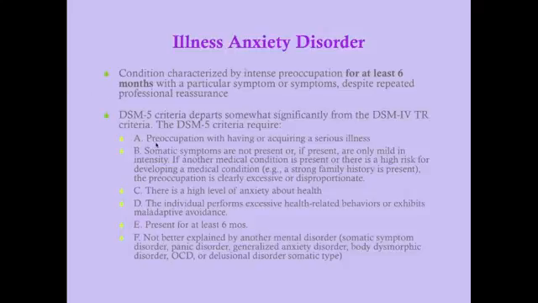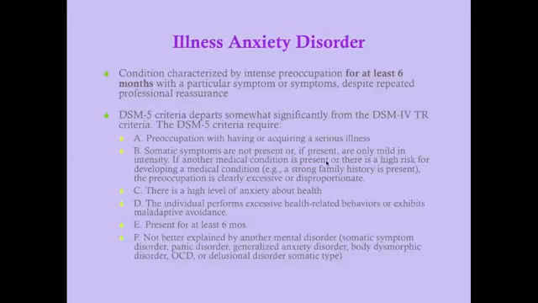The DSM-5 criteria are a little bit more stringent. First of all, there has to be a preoccupation with having or acquiring a serious illness. Preoccupation is really the operative word here. Somatic symptoms are either not present, or if they are present, they're only mild in intensity.